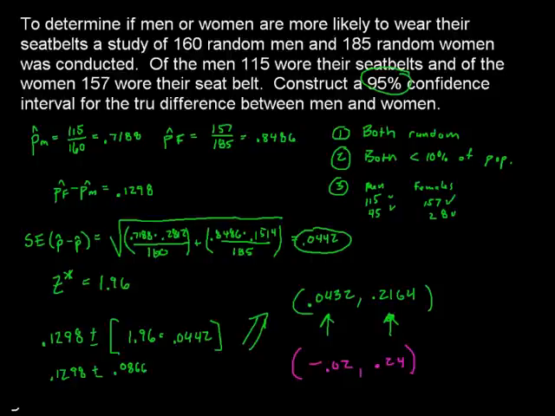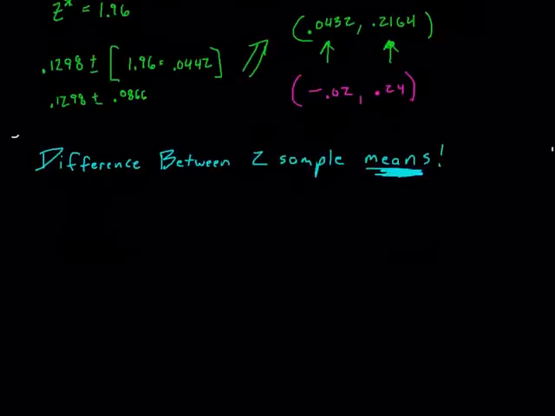So this interval would tell us that men could actually be more likely to wear their seatbelt than women. So we wouldn't know who wears their seatbelt more. The difference could even be zero, meaning there could be no difference between men and women. So that interval, if it happened, would tell us something very different than the one we found. So kind of cool. All right.